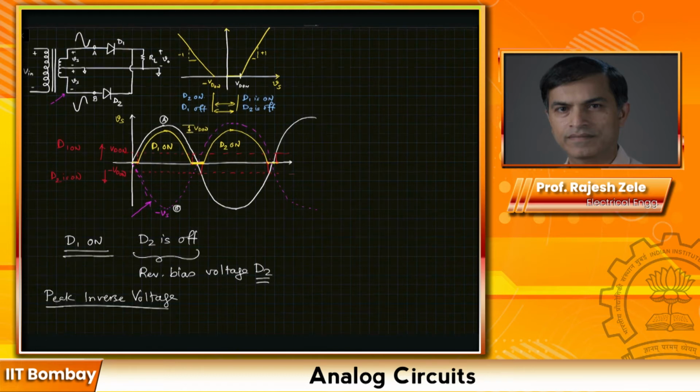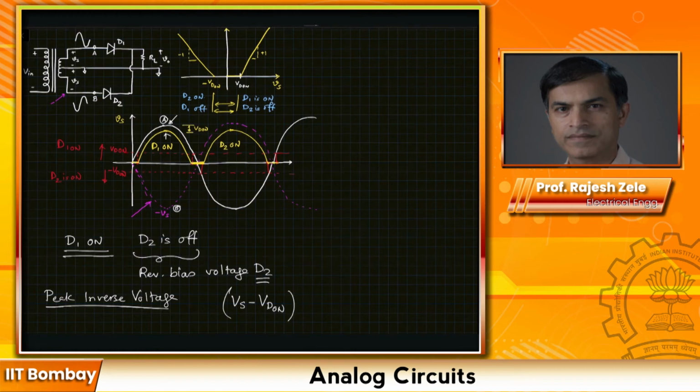So in this example, let's look at diode D2 when diode D1 is at this particular point where I am showing the arrow. At that point, what would be the output? Vout will be equal to Vs minus Vd on. That would be the peak output voltage, which is shown by this yellow curve here.